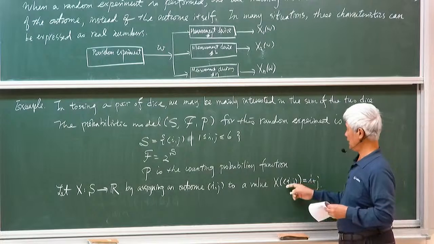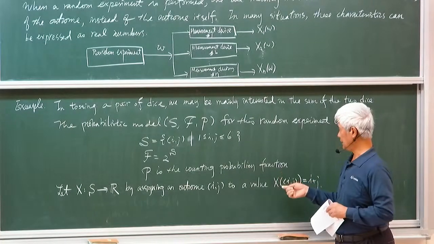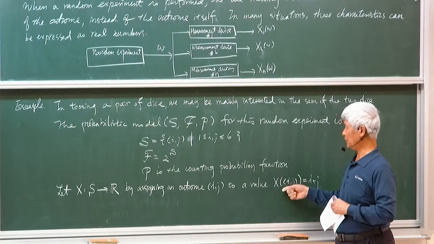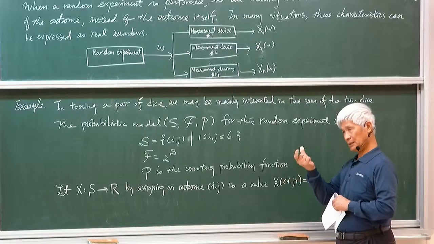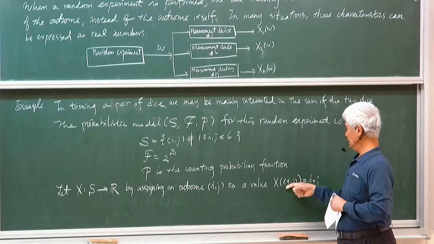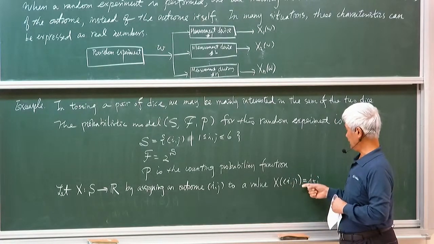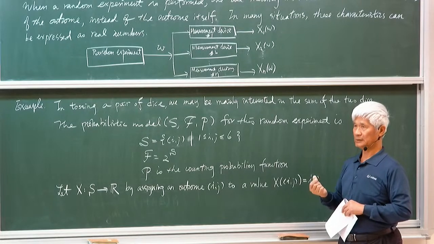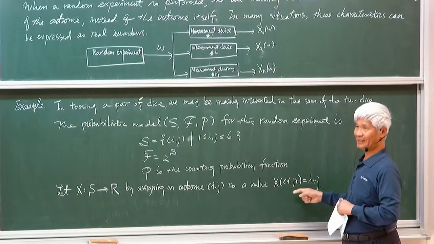So once an outcome is observed, once a pair (i, j) is observed, then we form a value, which is just i plus j.